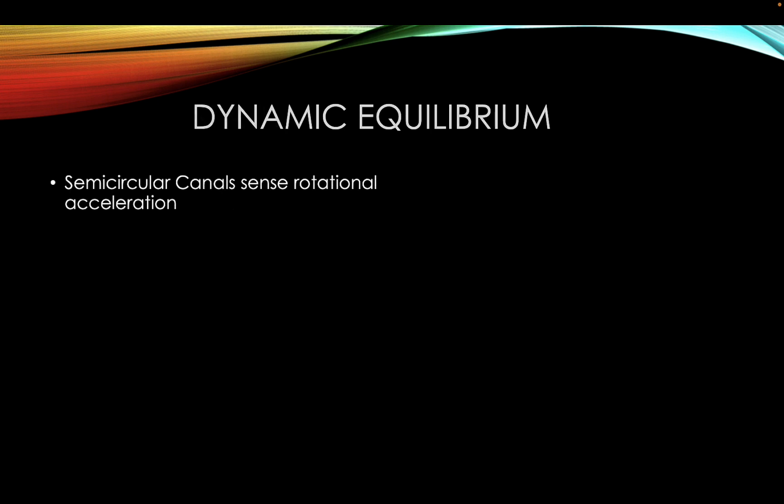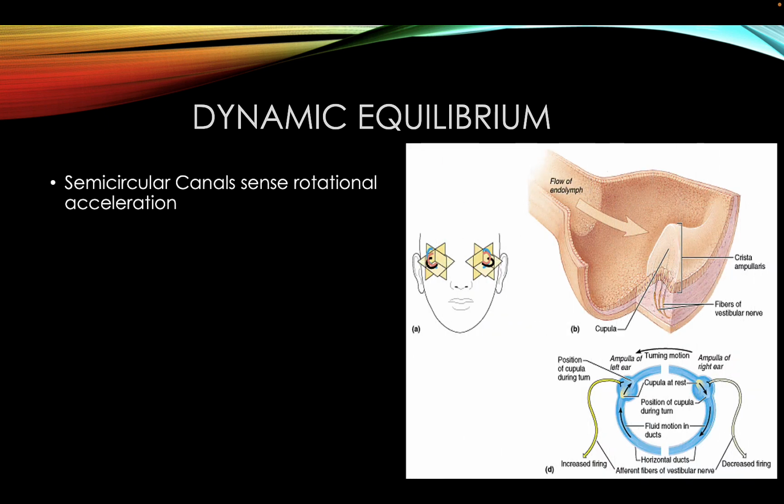Now with dynamic equilibrium, we're using those semicircular canals, and they're sensing what we call rotational acceleration, but that means the body's moving a whole bunch, and we're going to have to do something to keep the body from falling over. So inside these semicircular canals, you have endolymph, so it's filled with a fluid. Now, if you see here, the canals are situated in 3 different planes, which means that any way the body turns, one of these semicircular canals is going to be able to pick up that turning motion.